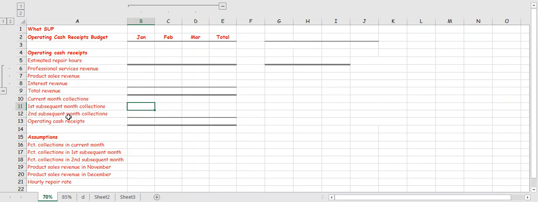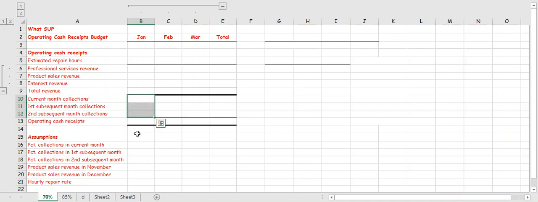And then in November we made some sales, collected 70, then in December collected 20. Now in January we're going to collect 10, so we have to go back and get the November sales revenue and then multiply that by the subsequent month receipt, or 10%, right?